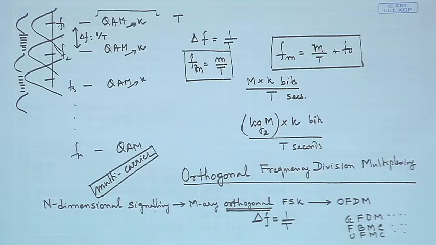So, all these are called multi-carrier techniques, and the way these multiple carriers are placed is dependent upon the particular technique. Whenever they are placed orthogonal, you have orthogonal frequency division multiplexing, otherwise you will have a different form of frequency division multiplexing, and they are known as different multi-carrier techniques.